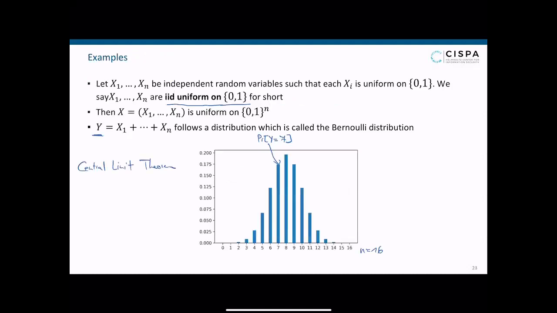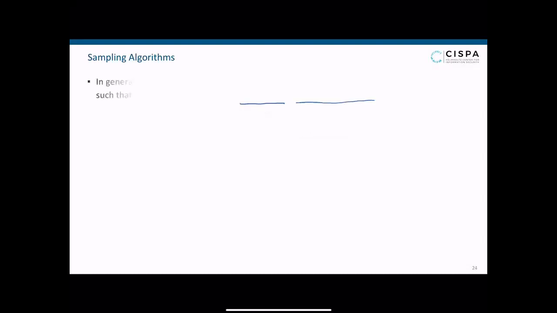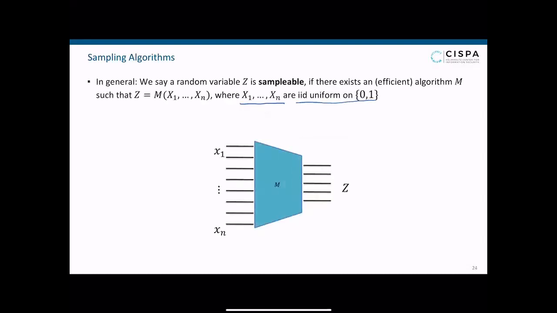Like here, y is a very simple example. This algorithm just computes the sum of the x1 to xn. But in general, we can and will do way more complicated things with these input random coins. Okay. And here, typically we just say x1 to xn are the random coins, or just the coins of this algorithm.